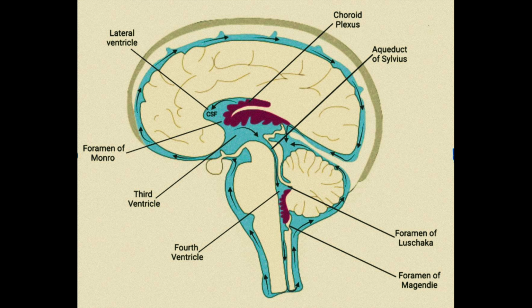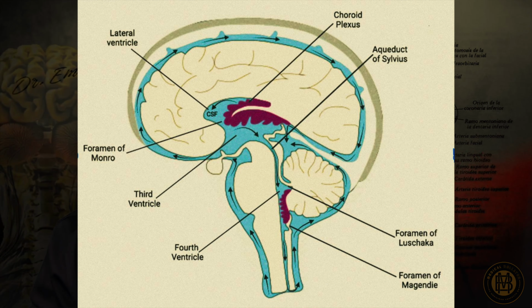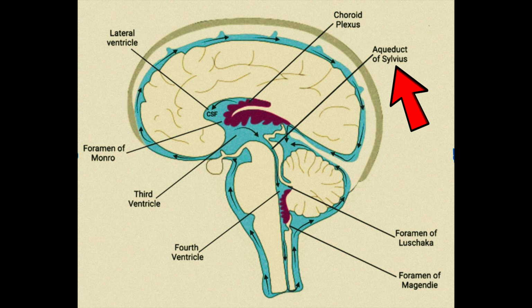As the fluid is being formed and going down, between the third and the fourth ventricle is what's called your cerebral aqueduct. Cerebral aqueduct, all right? It allows for the passage of the CSF from the third ventricle to the fourth ventricle.